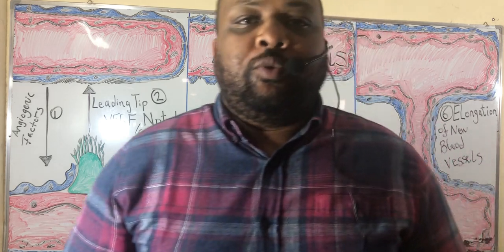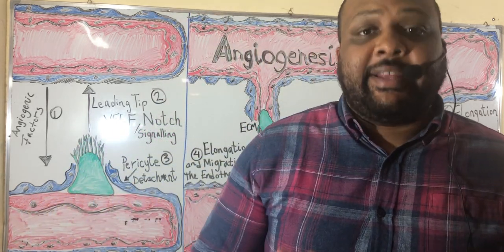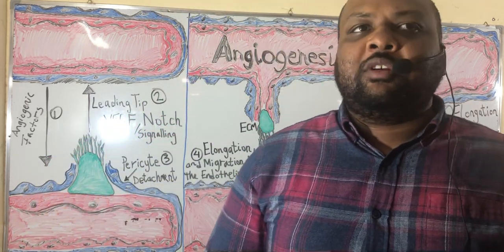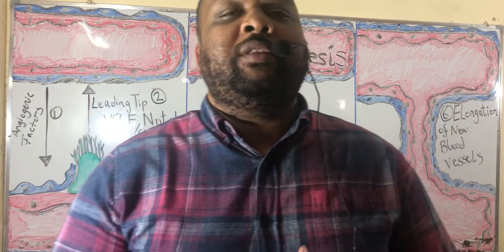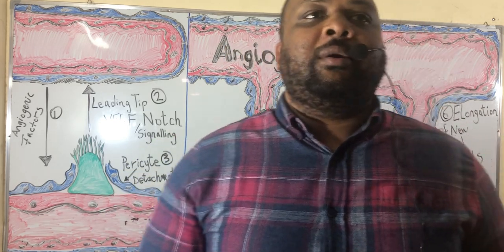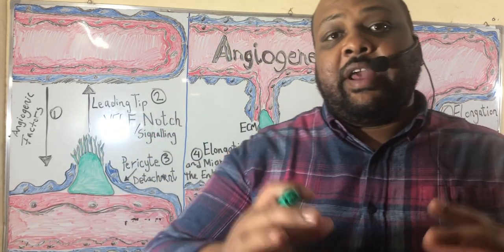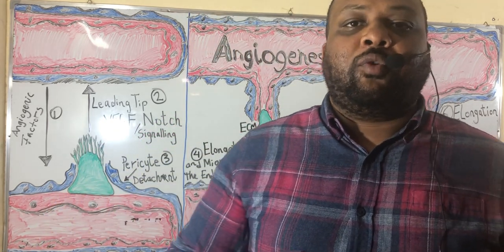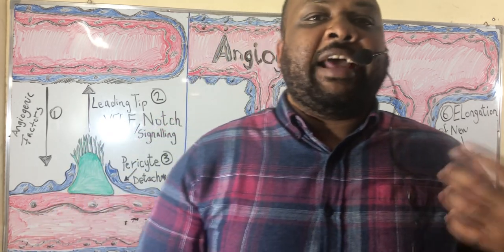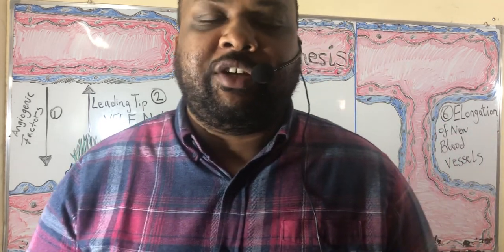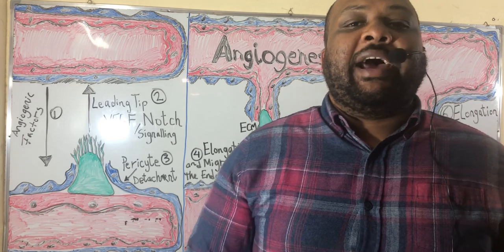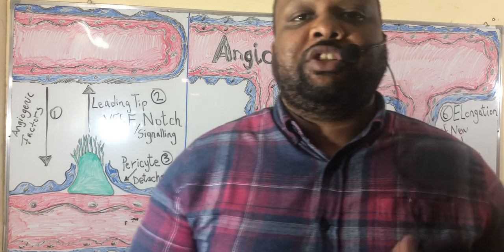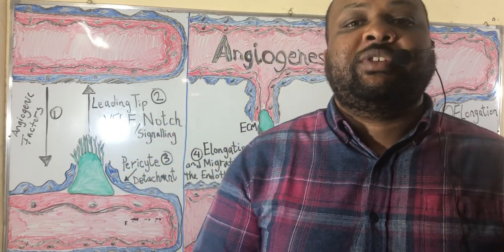Then, why is it important? We talked about the first parameter, and that is healing. There is no healing without angiogenesis. And I know we talked about proliferation and how when there is cell death, the neighboring cells would start to proliferate and cover for the cellular loss, these damaged cells that were removed in inflammation. And we talked about how tissue stem cells, these progenitor cells, would differentiate to make new cells.